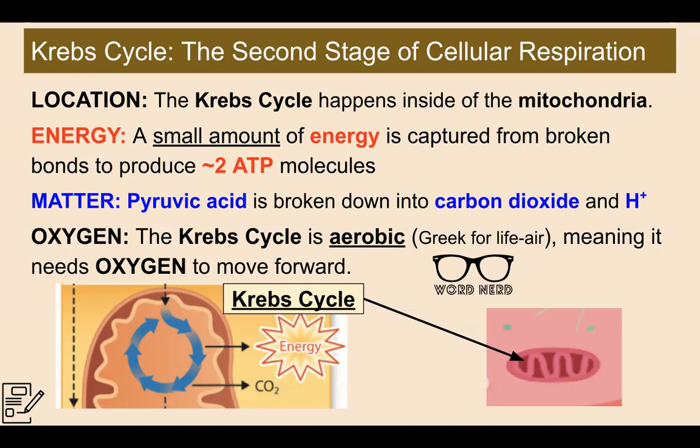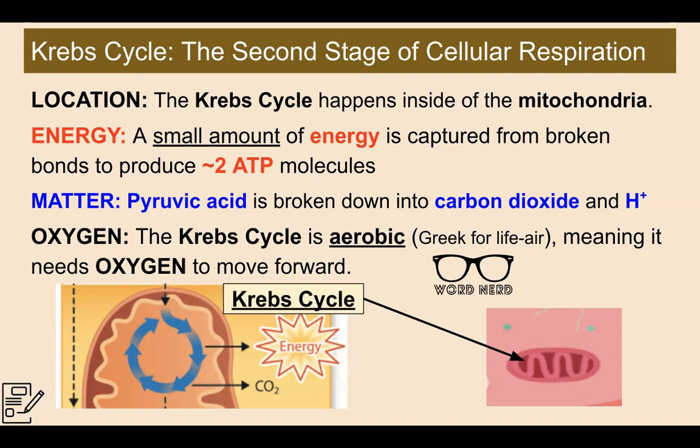And then oxygen. The Krebs cycle is said to be aerobic. Aero meaning air, and bic coming from bios, meaning life. So for my word nerds, aerobic is Greek for literally life air, meaning that it needs oxygen to move forward.